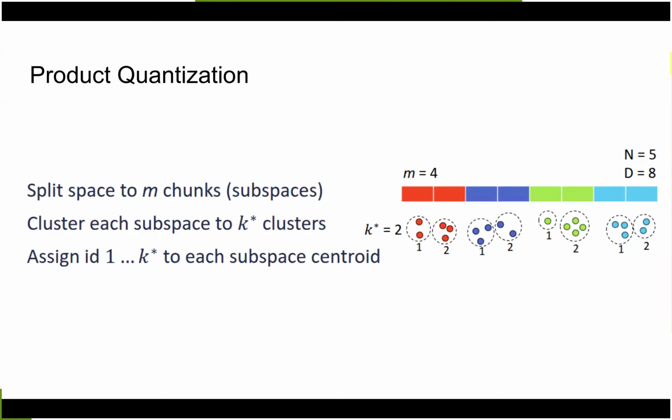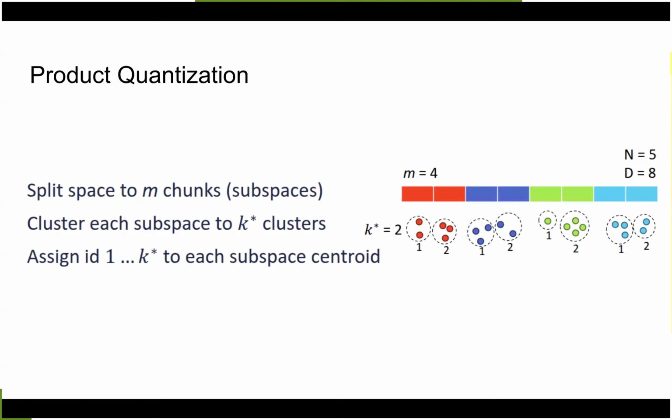Then you only need to store the ID of those clusters for that specific subpartition. This has the benefit of usually storing a smaller number of clusters for each subpartition. Because of that, the number of bits you need to allocate for each cluster identifier is smaller than in the first approach.